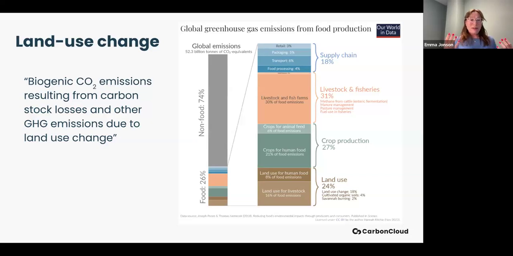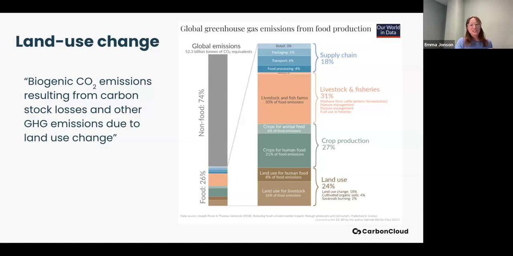So what do we mean by that? A carbon stock loss means that if we start with the carbon stock, so if you have a forest, or even better, a natural forest, the forest has a large carbon stock, and that means that the soil and the trees and other plants in the forest contain a lot of carbon.